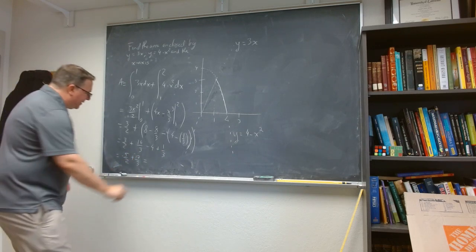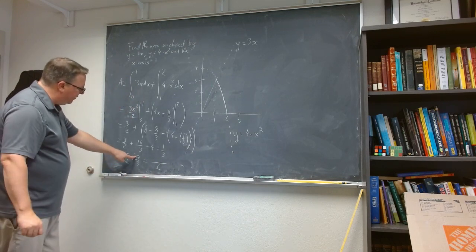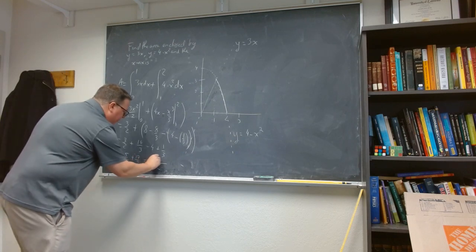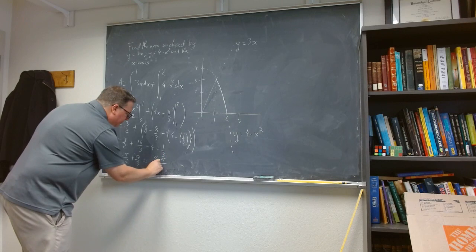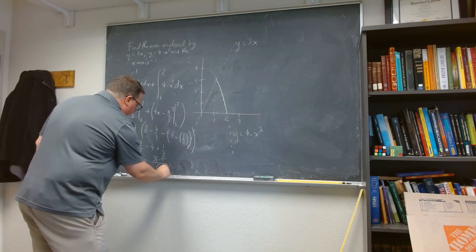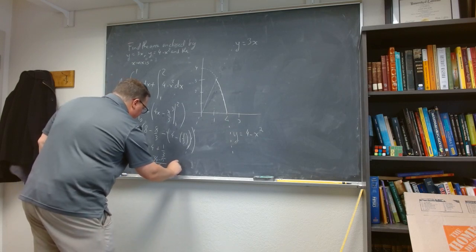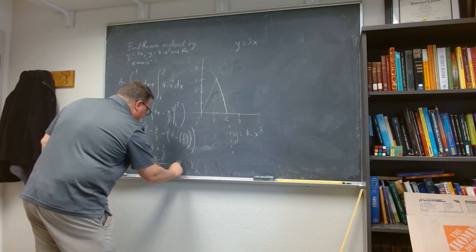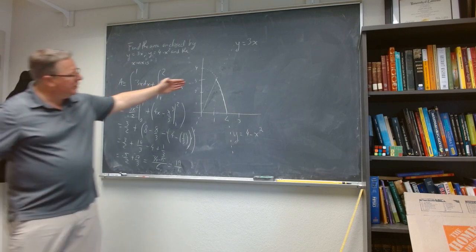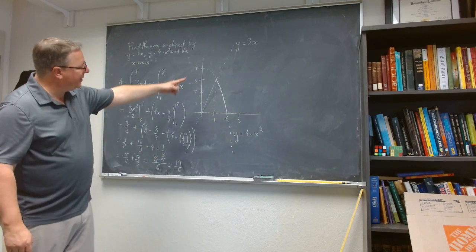So over 6 as my common denominator, I'm going to have 2 times 17, which is 34, minus 15, and I'm going to get 19/6. OK. So we find a total area of 19/6.